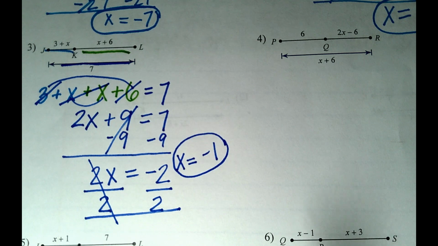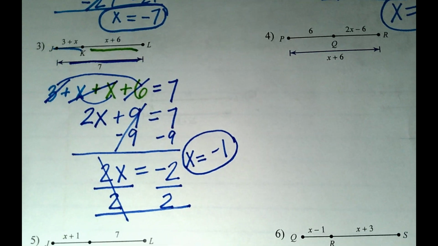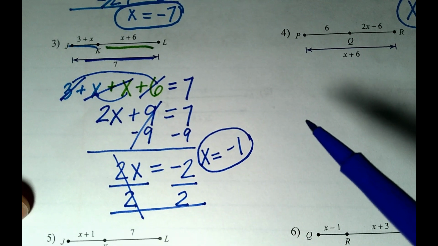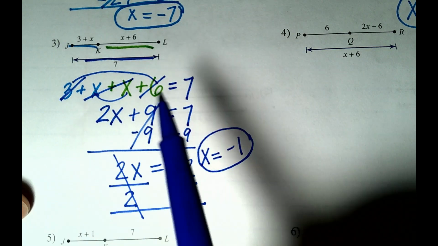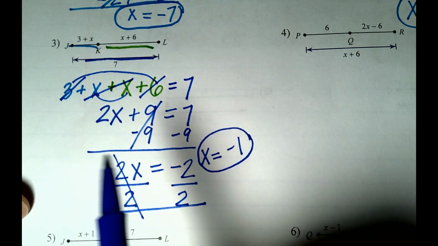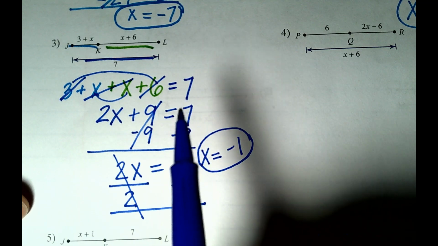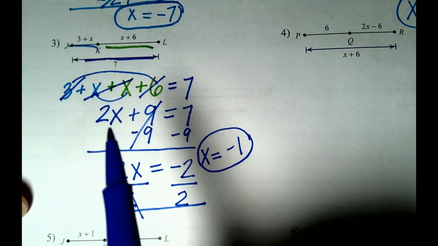I didn't get that the first time. Did you get it the second time? The second time, yeah. What did you do the first time? Do you think maybe you subtracted the x's and the 3 canceled? 3 plus x plus 6 equals 7. I guess I didn't add the 2 on it.